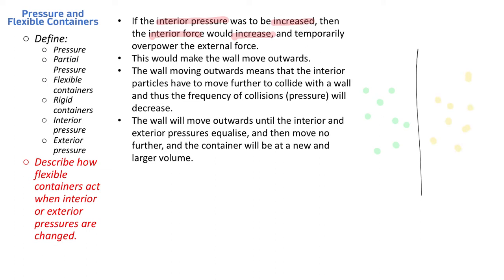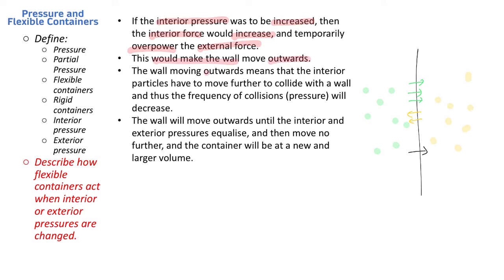So if I make the interior force stronger than the exterior force, that means that the wall would have a net movement outwards. Does that kind of make sense? It would overpower the external force, which would make the wall move outwards.